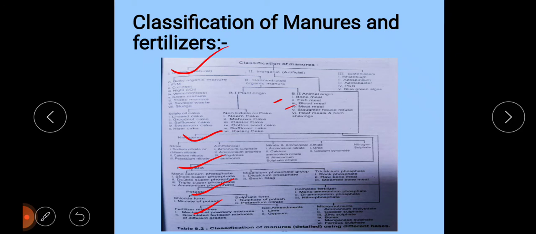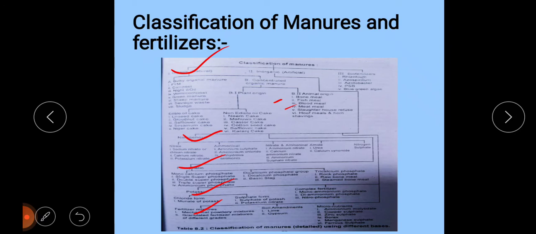Then we discuss the micronutrients. Among these, ammonium molybdate is the source of molybdenum and also ammonium. Then copper sulfate is a source of copper and also sulfate. Then zinc sulfate, borax, manganese sulfate, and ferrous sulfate. These are the distinct major plant micronutrients they supply.